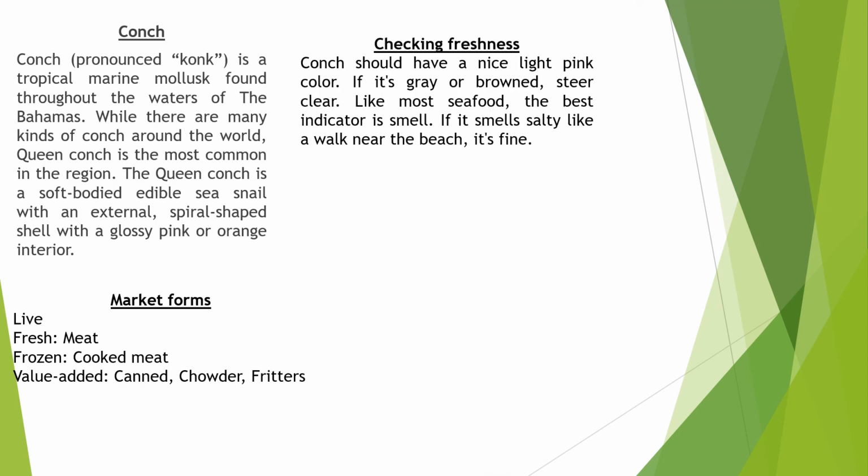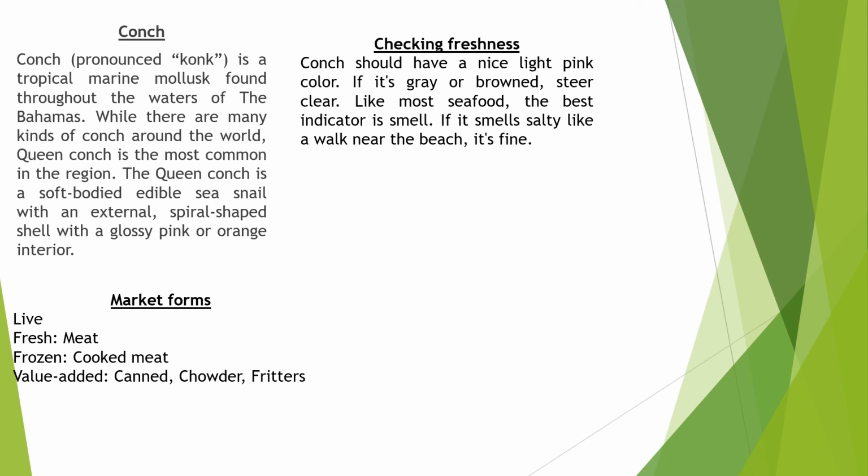In the market you can find it live, fresh meat, frozen, or cooked meat, and this cooked meat we can consider convenient. When checking frozen conch, it should have a nice pink color. If it is gray or brown, steer clear.